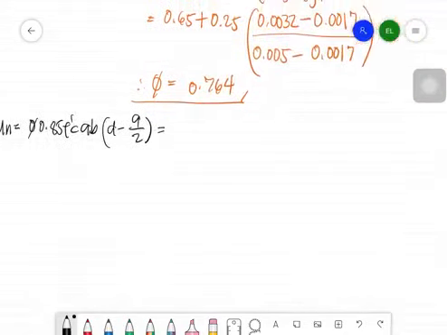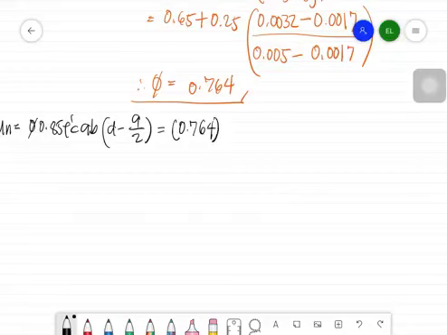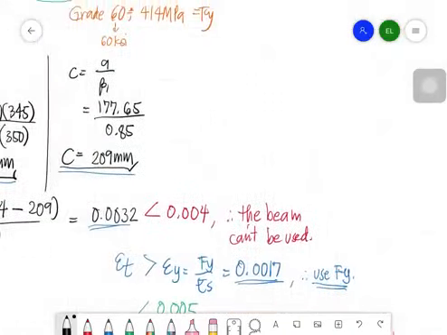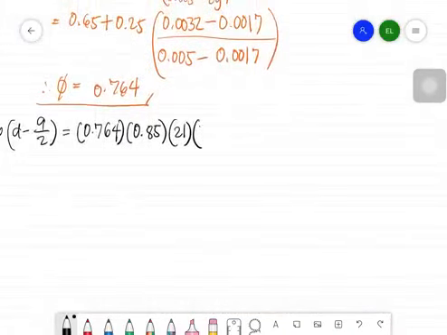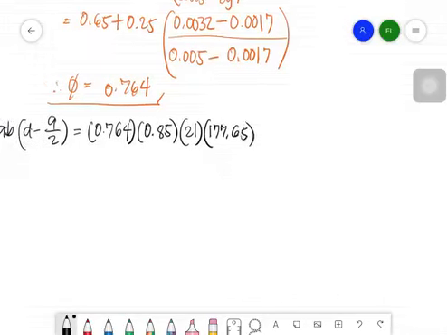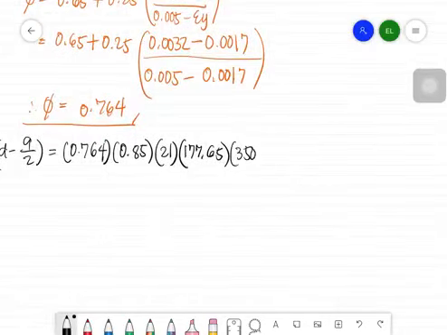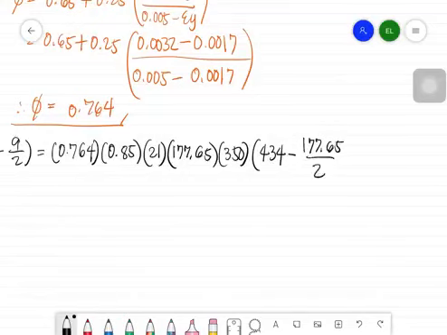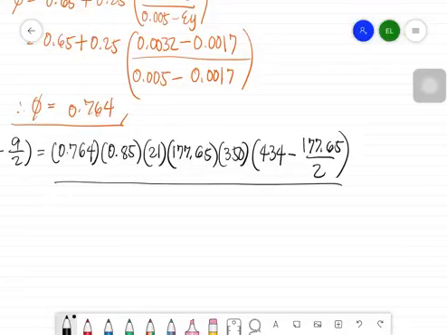This is equal to 0.764 times 0.85 F prime C times A, where our A is 177.65, then we have B, which is 350, and then D, 434 minus A, 177.65 over 2, then all over 1000 squared.